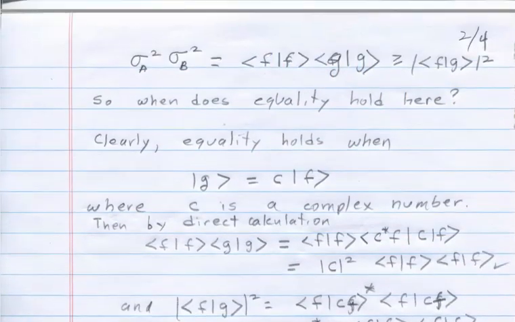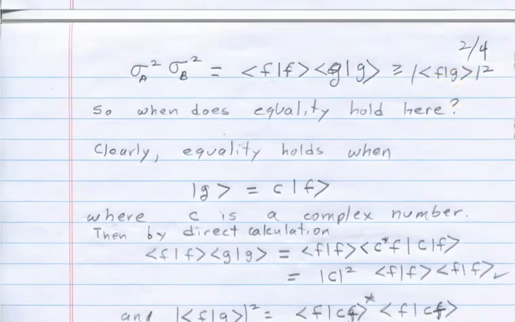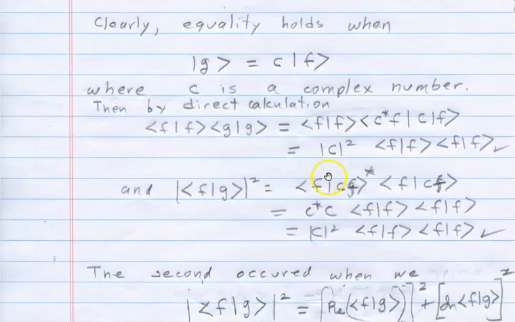And I can calculate this side in a similar fashion. Again, it's just this product times its complex conjugate. Again, you can pull out the stars and pull out the C. This becomes the modulus of C squared, and you get the inner product of F with itself, squared.